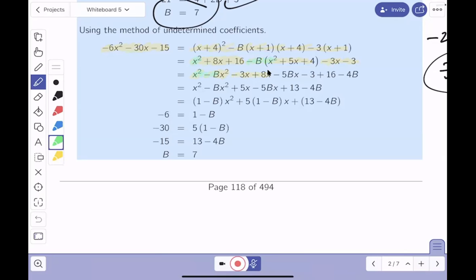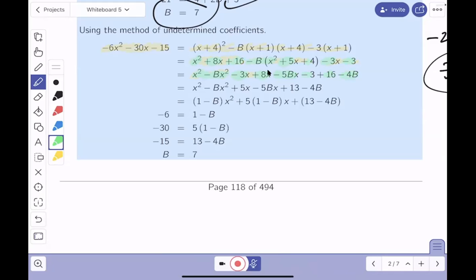And that's right here. Now the same color: 8x minus 3x. And then I see the minus 5bx. And then the constant: I'm getting 16, I'm seeing minus 3, and I'm seeing minus 4b.